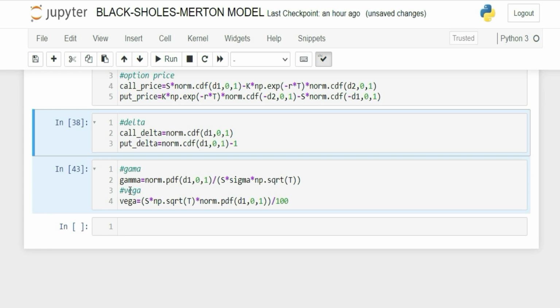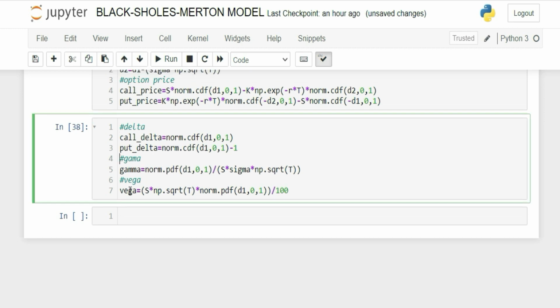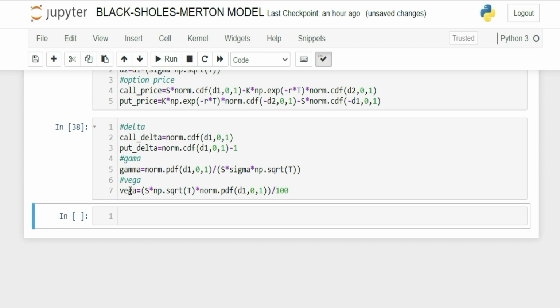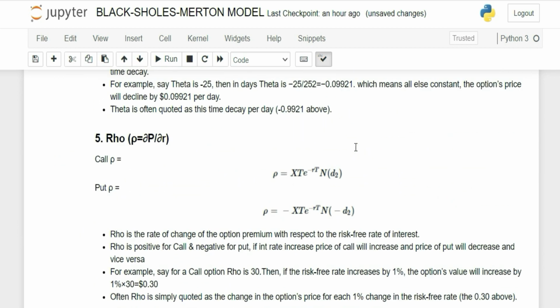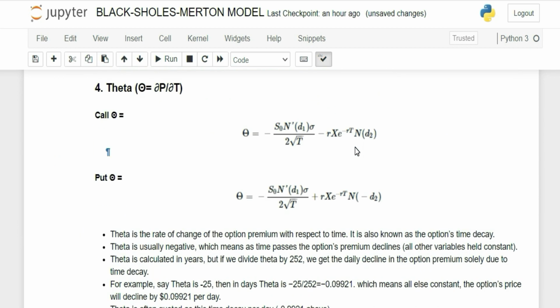Now let's move to the next one, which is your theta. Theta is different for call and put. This mathematical equation is for call theta and this one is for put theta. We have to calculate quickly.